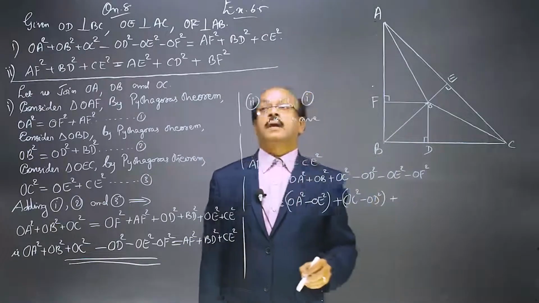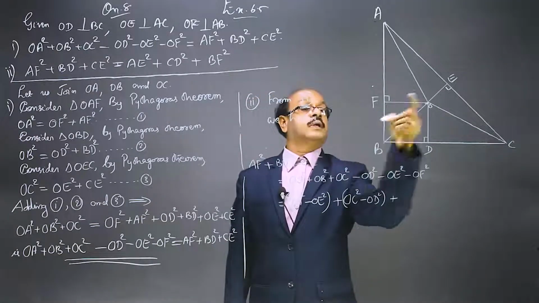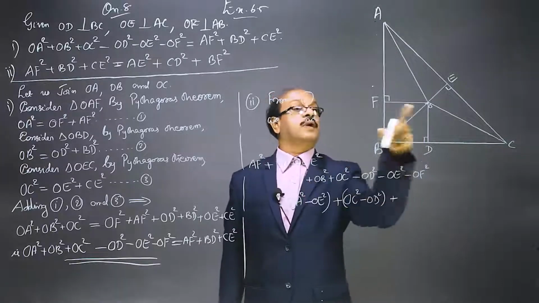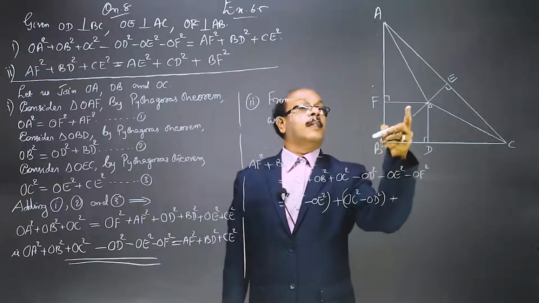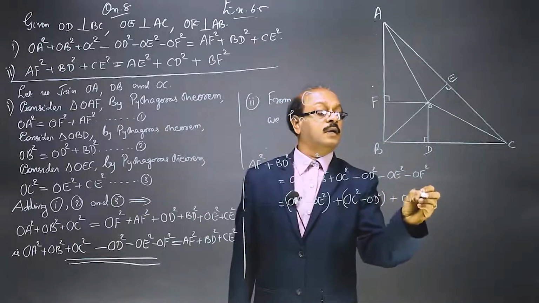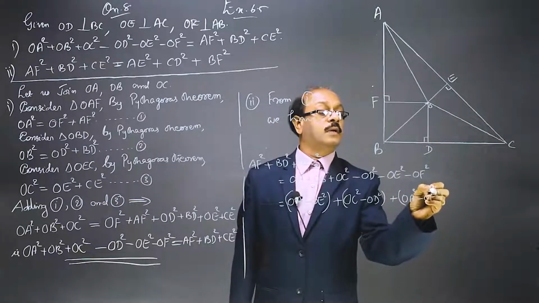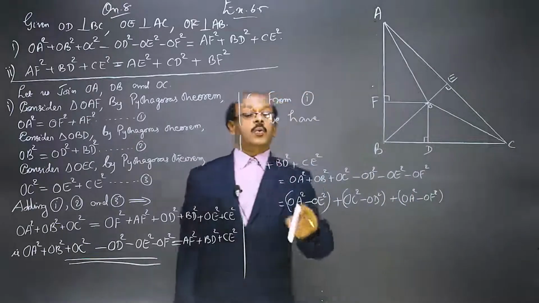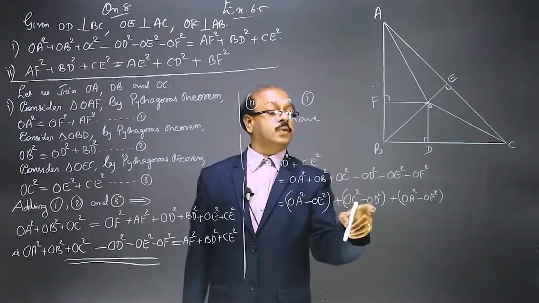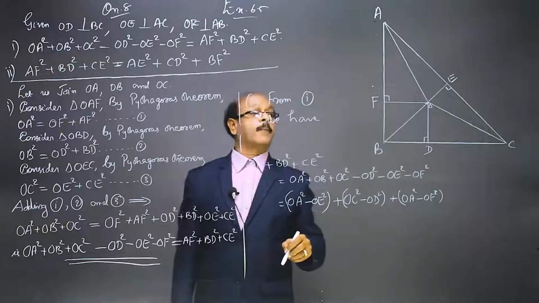Then the third is BF square. Rearranging the terms of the RHS, we are getting OA square minus OE square, OC square minus OD square, then OB square minus OF square.